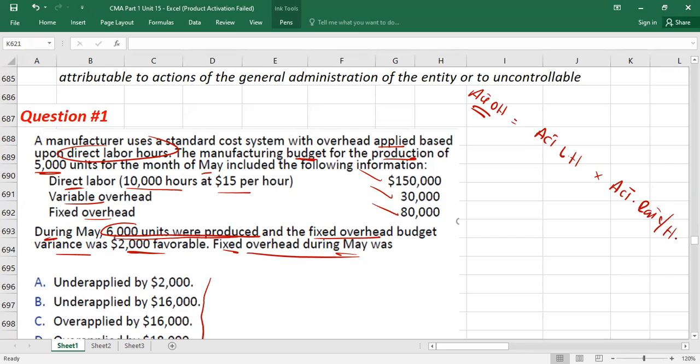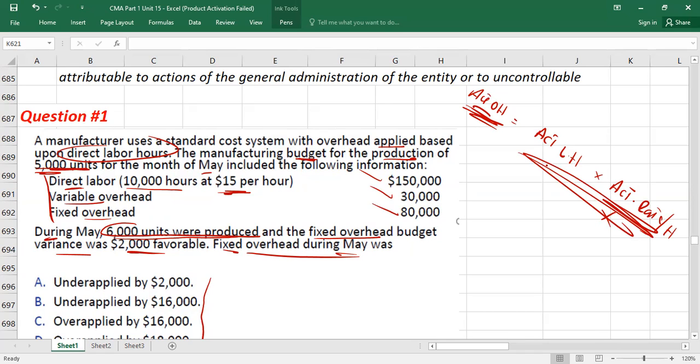Look in the question, is any actual rate per hour given? It is budget. This 15 is budgeted because he told you for 5,000 units this is the data, and 5,000 units are budgeted units. There is no actual rate. So actual rate is not available, which means I cannot calculate actual overhead by using this formula.